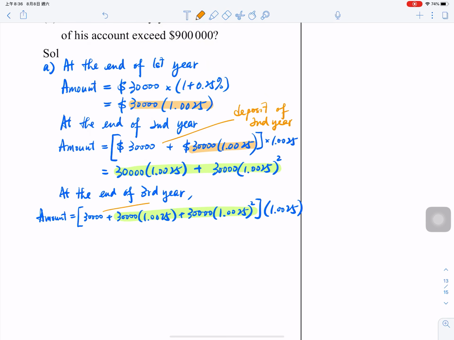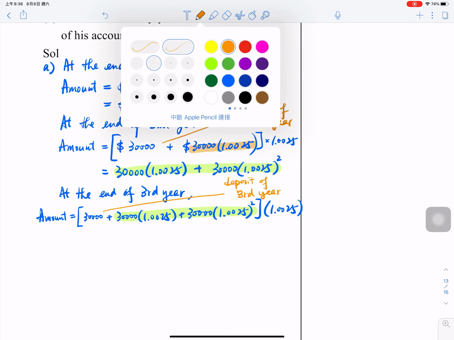Then this one is the deposits of the third year, because each year at the beginning we deposit, Jerry deposits $30,000. So you get this one as the beginning of the third year. Then after that, one more year times 1.0025.